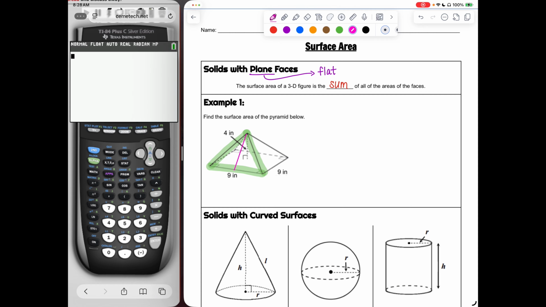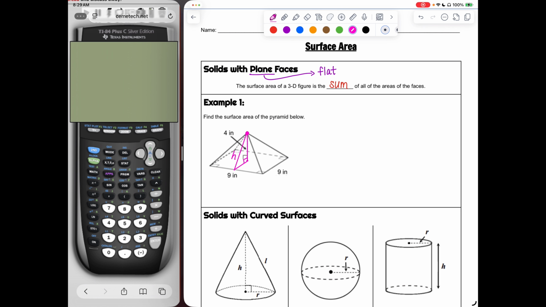When I draw in that height, it ends up making a 90-degree triangle with the height of the pyramid, which starts at the apex, or the top, and goes to the center of the square. That's going to form a right triangle.